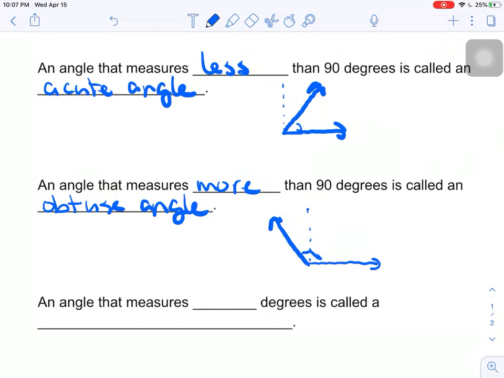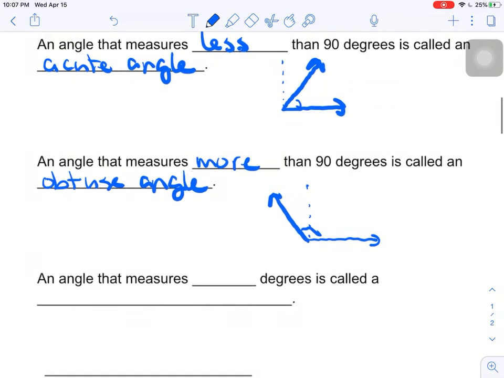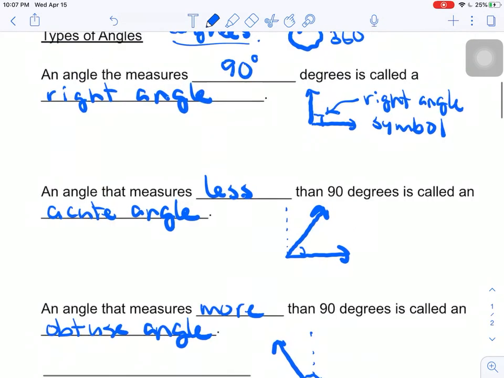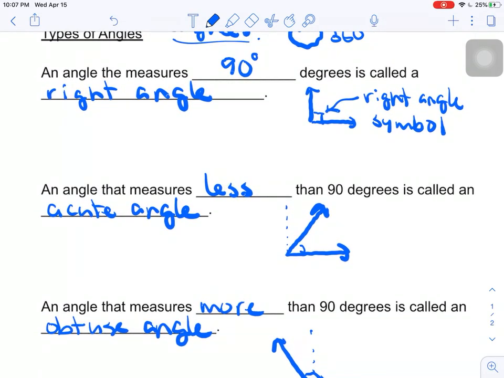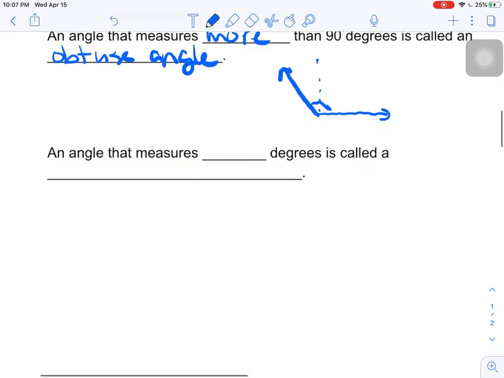And then there's one last type of angle that you're going to need to know about, because it's going to come up in some other lessons that we're going to do. 1/4 of a circle is a 90-degree angle. I could also make an angle that is the equivalent of 1/2 of a circle. If I were to go halfway around a circle, then my angle would look like this. My angle looks like it's laying flat.